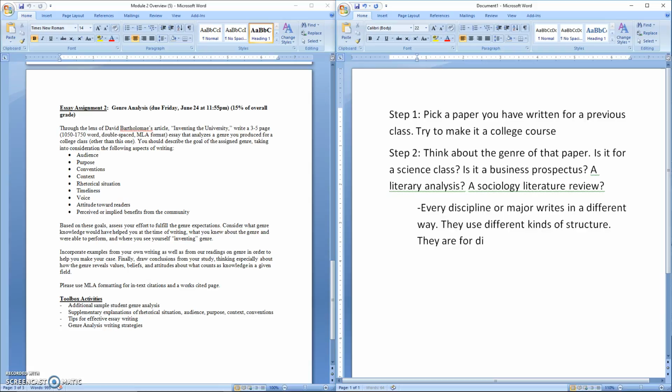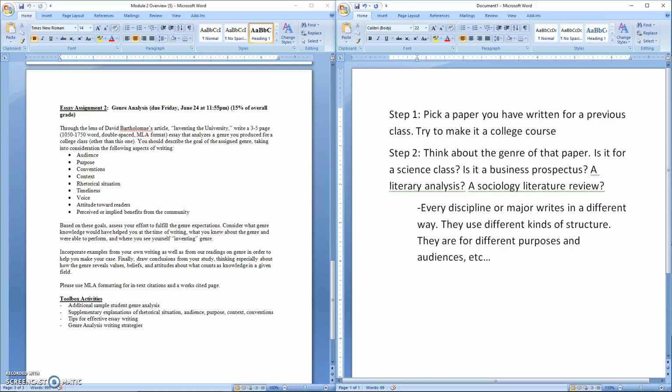They are for different purposes and audiences, etc. They use very different word choice. They use different kinds of evidence. So, for example, when you're writing a science paper, the evidence that you use is going to be very different than the evidence that you use in a literary analysis.